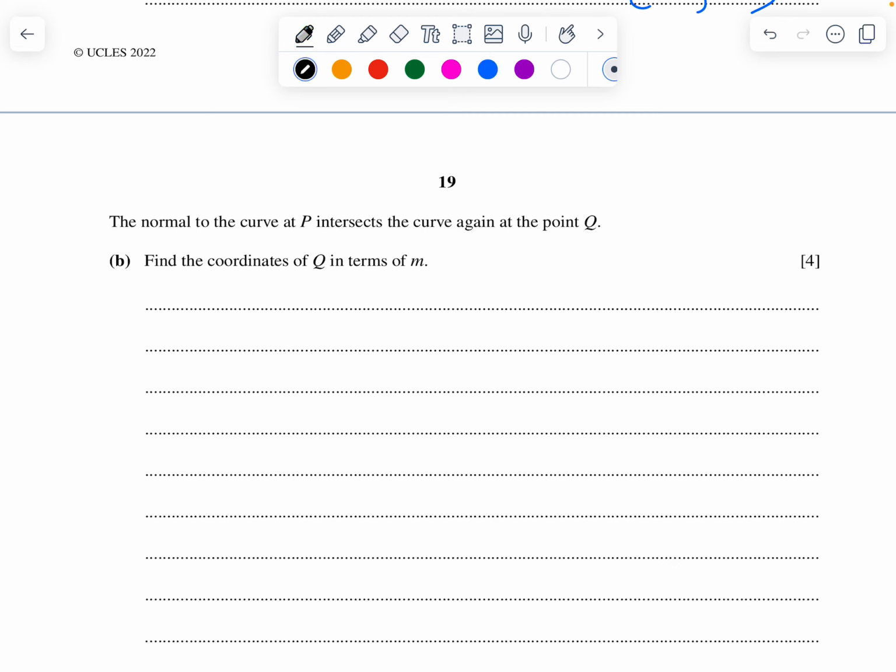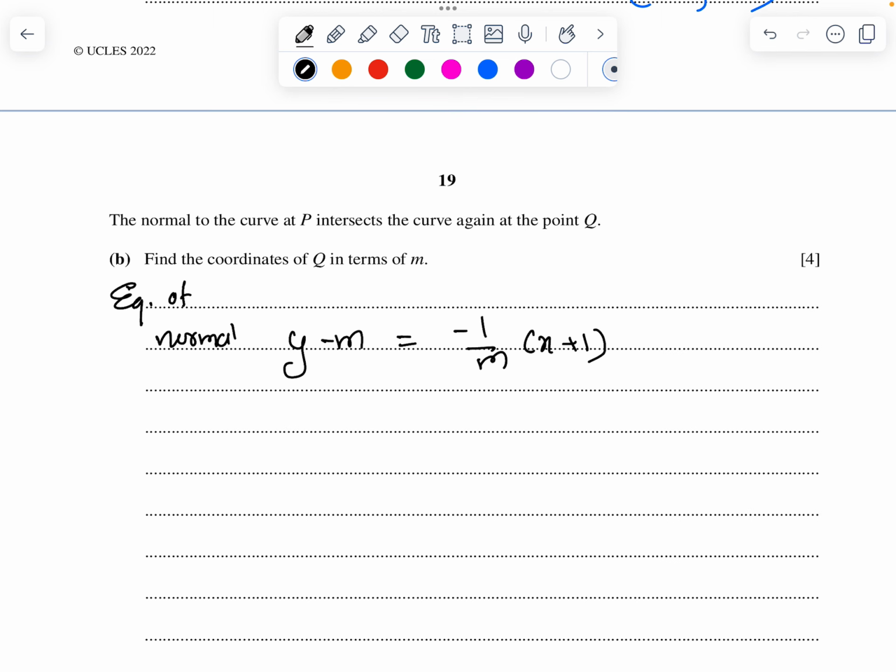So the equation of the normal will be y minus y1 equals m times x minus of minus 1 plus m. So what am I going to do?